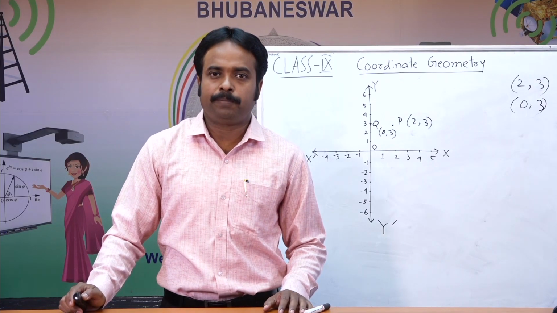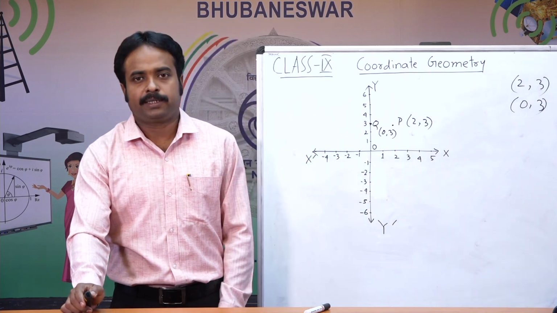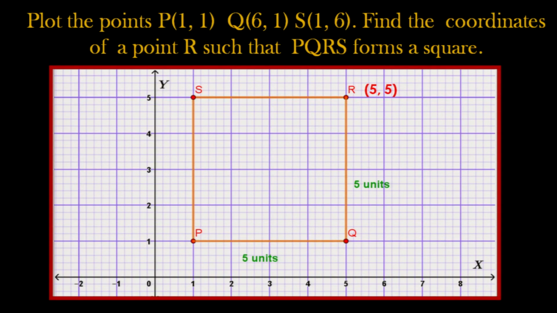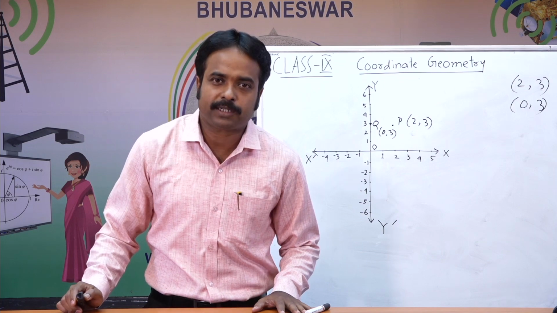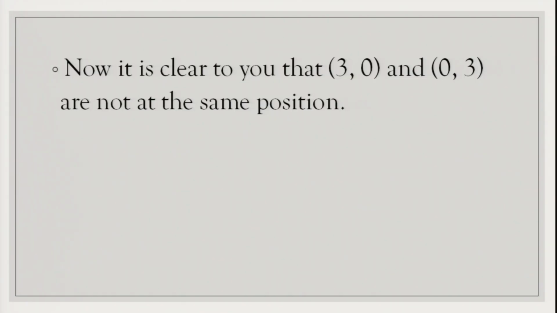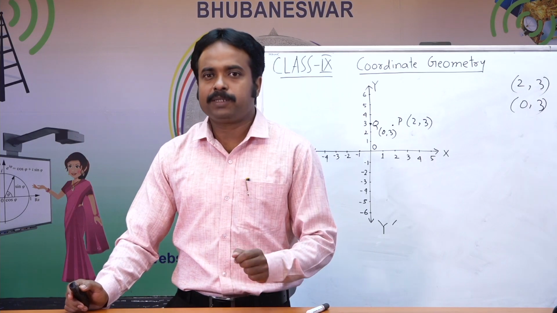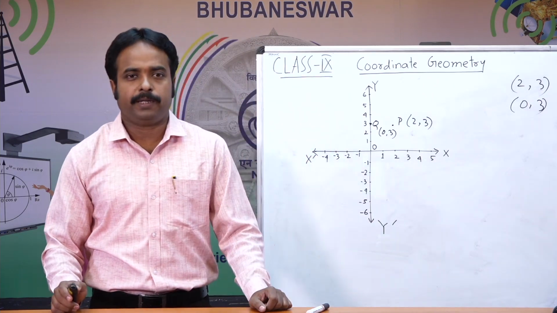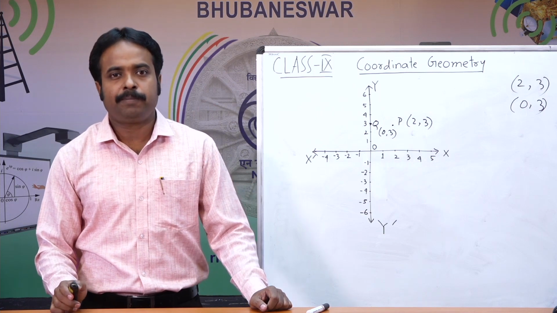And the length of each side of this square is 5 units. And what are the coordinates of the point R? You may easily find out the coordinates of R. The coordinates of R are (5, 5). Now it is clear to you that (3, 0) and (0, 3) are not at the same position.